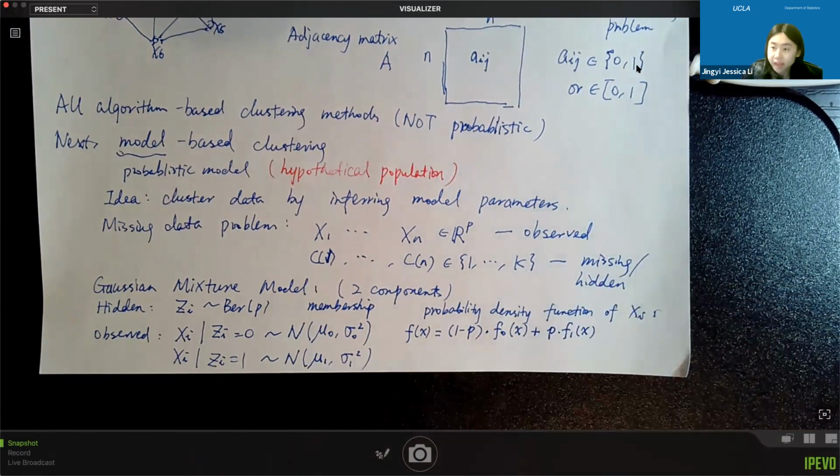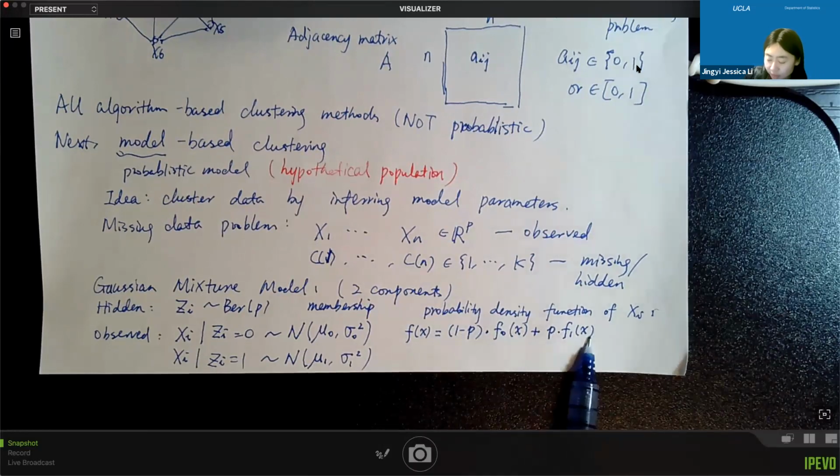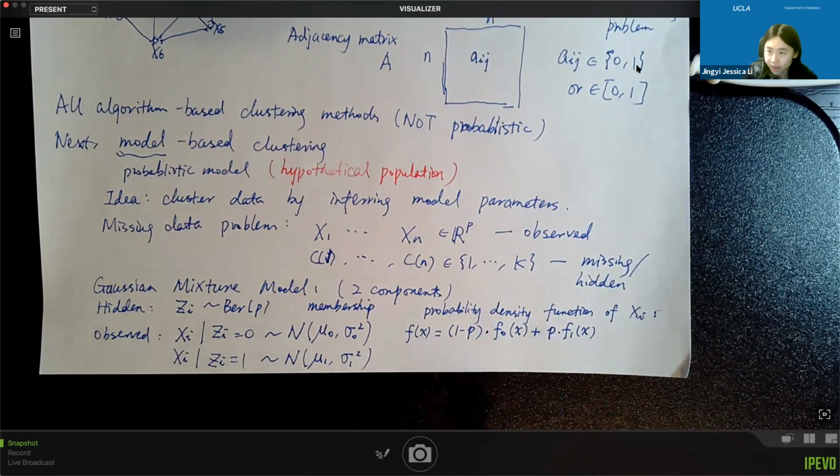Okay, that's the probability density. So it's just the conditional times marginal plus conditional times marginal. The same thing we use in the Bayes rule or Bayes theorem, if you recall.